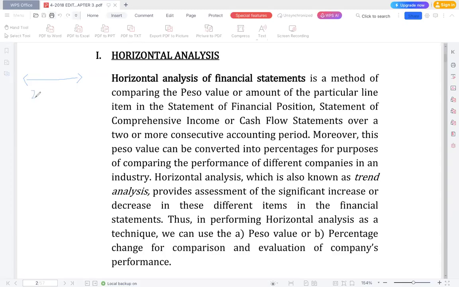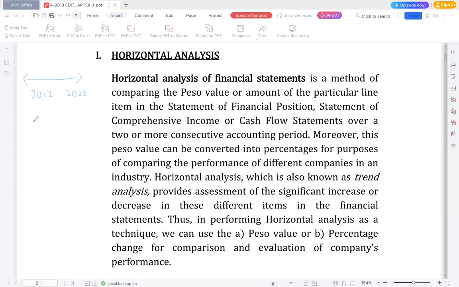Say, for example, 2022, comparing the performance of the firm with the 2023 year. And of course, there can be an interim financial statement for 2024.